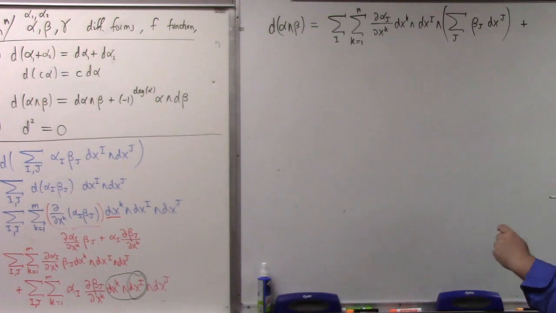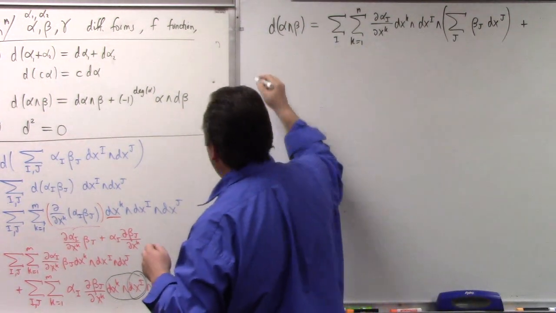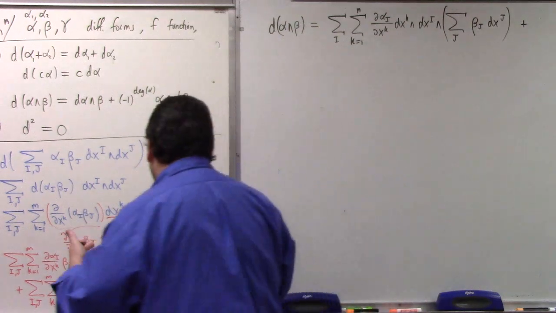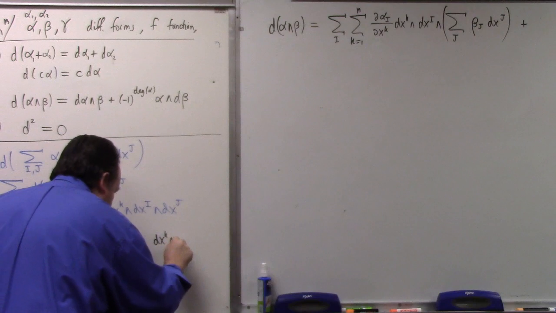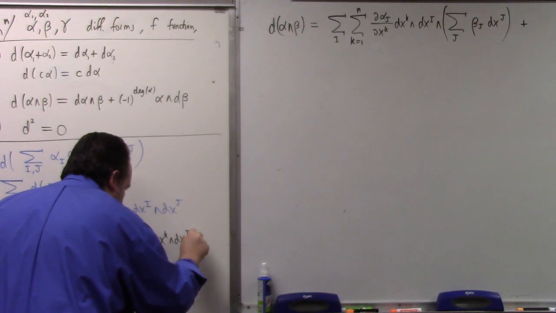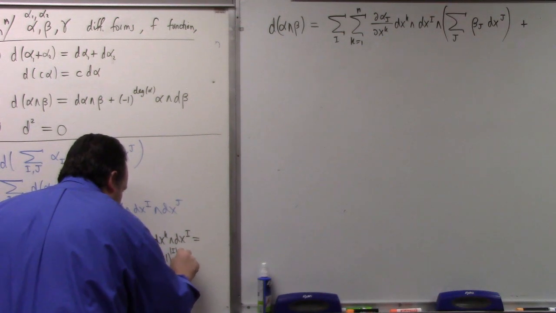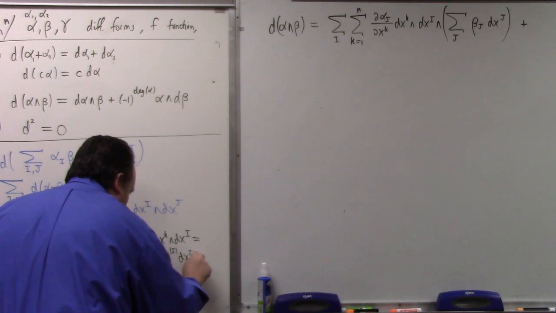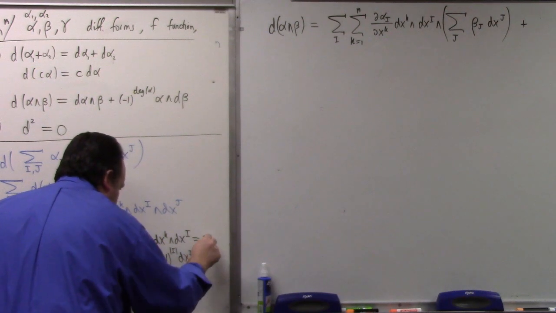So basically, I need to make a comment here somewhere. I'll do it here. So dx^k wedge dx^i is equal to -1 to the number of things in i, dx^i wedge dx^k. Notice dx^k is a single differential, right?